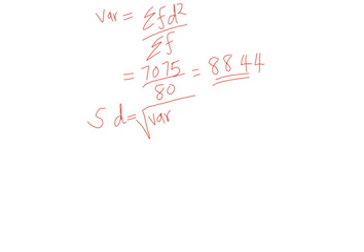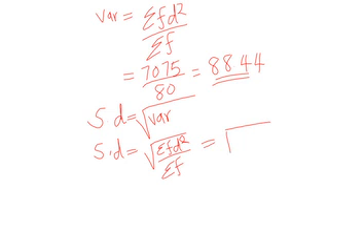So it means that SD, standard deviation, is the square root of sigma fd squared over sigma f, which is the square root of 88.44, giving us 9.404, correct to 4 significant figures. That is our standard deviation, and this marks the end of this lesson.